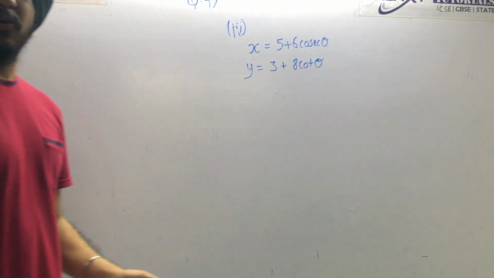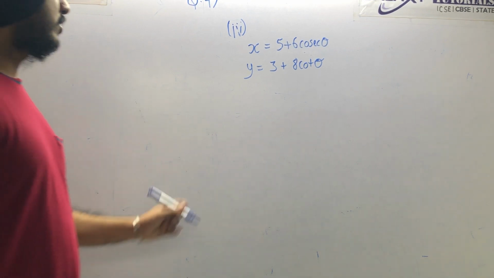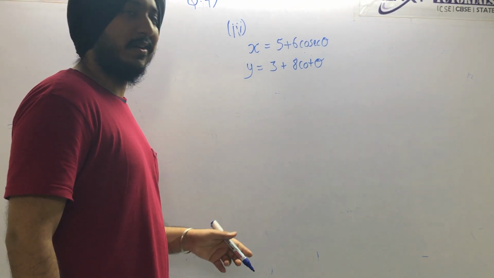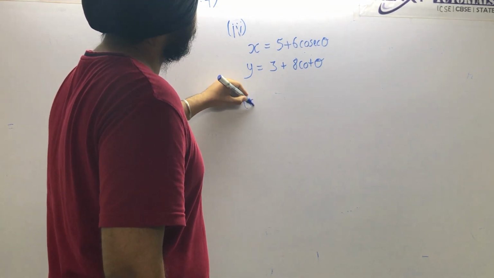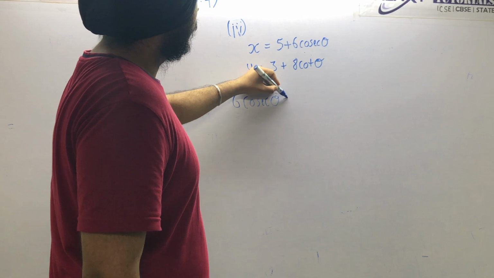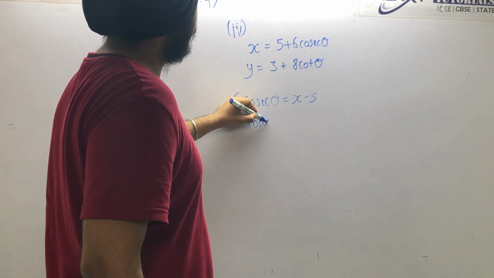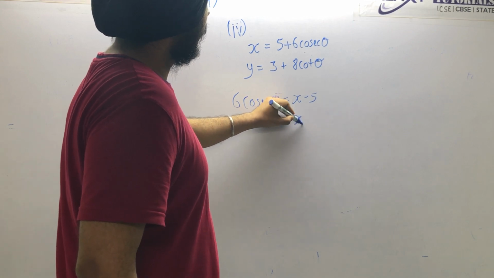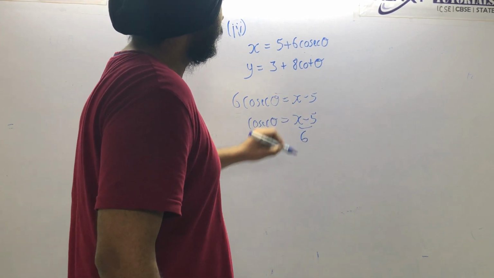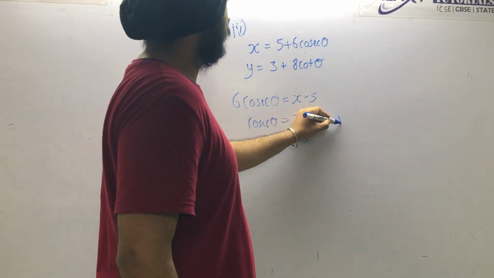Now again, as I told you, you can see here cosec and cot, and you know cosec square theta minus cot square theta is how much? 1. So just separate cosec and cot and use the identity. So 6 cosec theta will be x minus 5, or cosec theta will be x minus 5 upon 6. Now this is your equation 1.